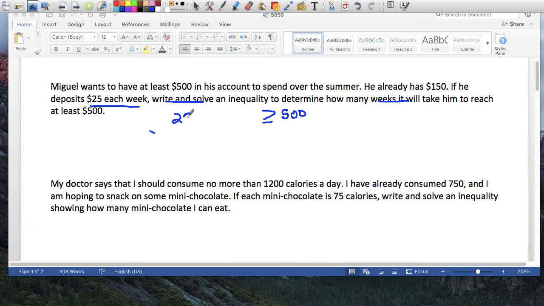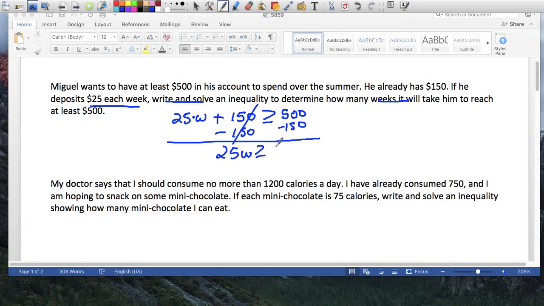So he's making $25 per week, 25 times W. And he already has saved, so that's plus 150. How many weeks will it take him to reach 500? It's almost like the previous problem I just did on the video. So minus 150, minus 150. Cross out, 25W comes down, greater or equal to 350.